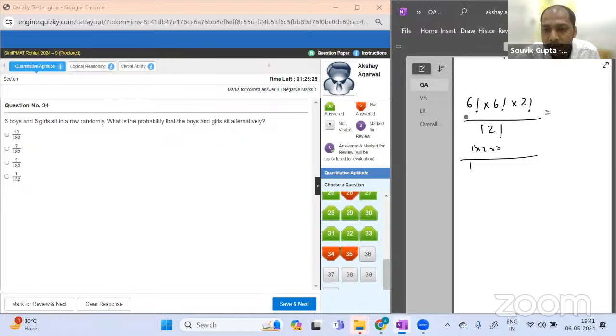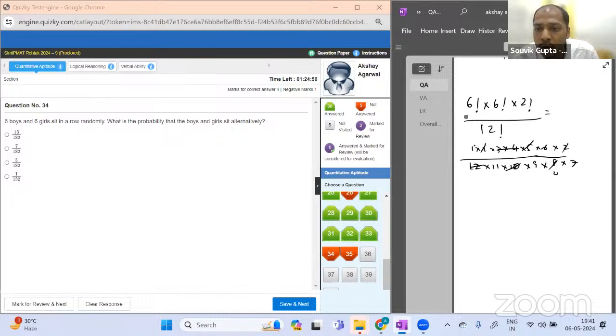That will be 1, 2, 3, 4, 5, 6 and 12 into 11 into 10, and there's also 2 and 10, 9, 8 and 7. 2 into 3, 3 into 4, 12 and 12 cancel. What else cancels? 9 into 8, 72. No, 6 into 2 also, would be 12. 5 into 2, 10 cancels. 6 into 2 is left.